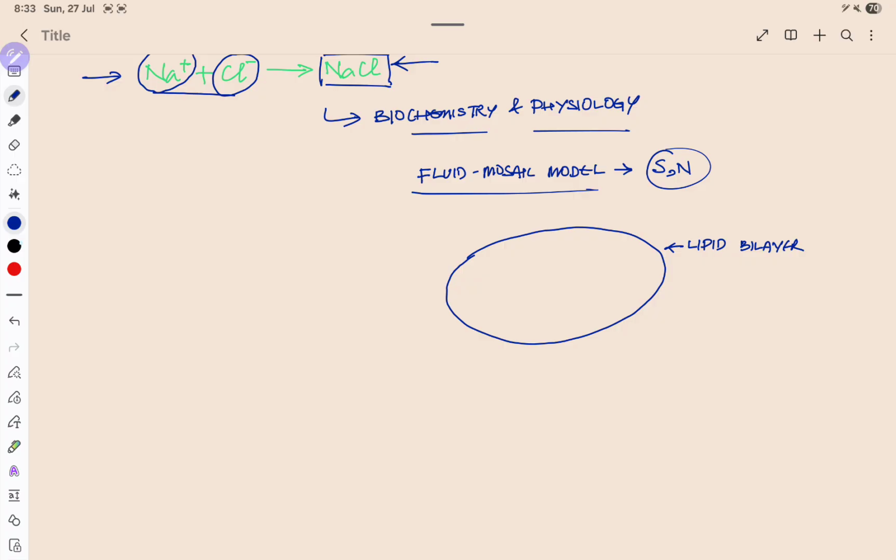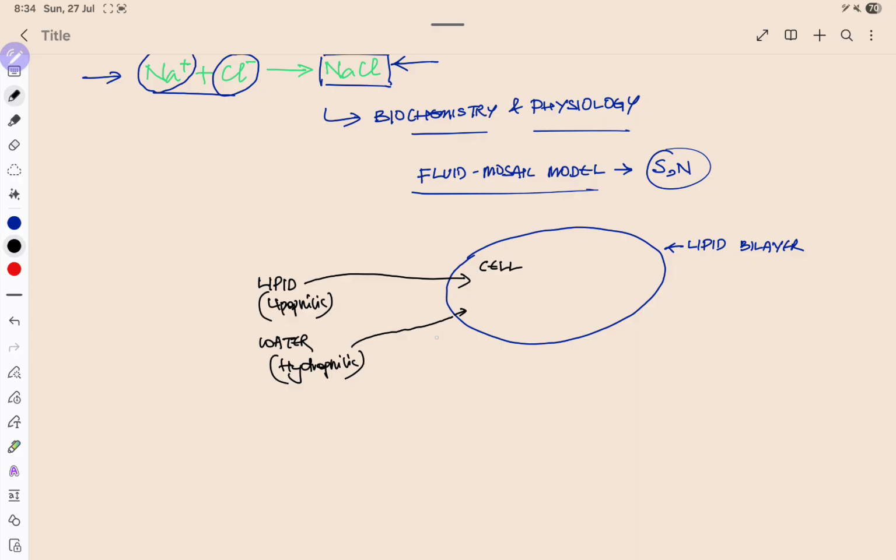So naturally, anything that has lipid-like property can easily get into the cell, whereas drugs that are water soluble or hydrophilic... Lipid soluble means lipophilic. Now coming to hydrophilic, they cannot easily pass, obviously because the cell is lined by a lipid bilayer.